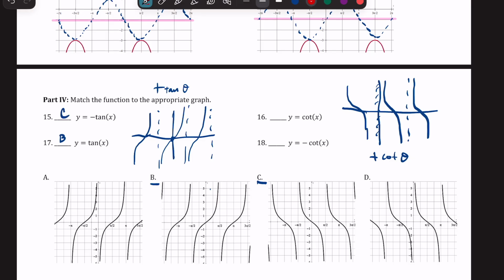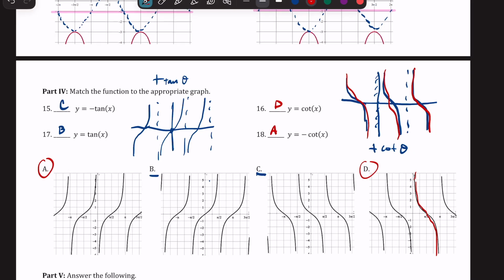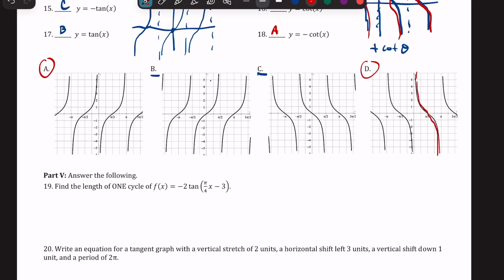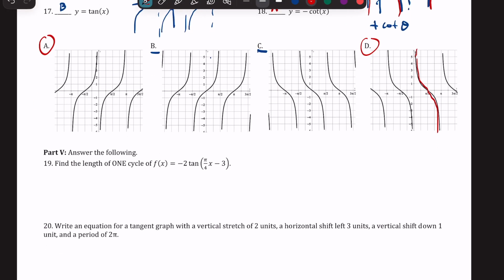Then I go to my cotangent. My cotangent should be decreasing. And D does that, and it has 0 as a horizontal asymptote, so it doesn't even cross the y-axis. So the positive one is D, and the negative one happens to be A. This is just this one, flipped. Cool. Great.